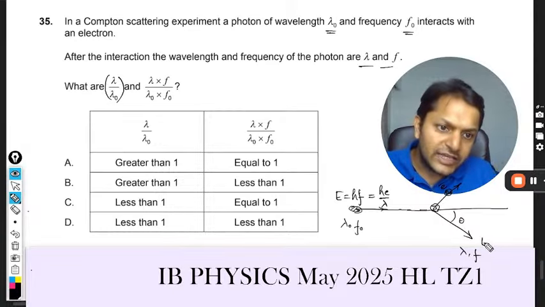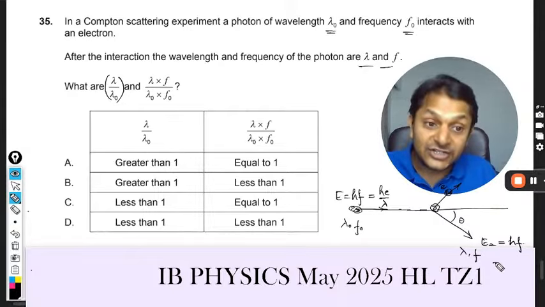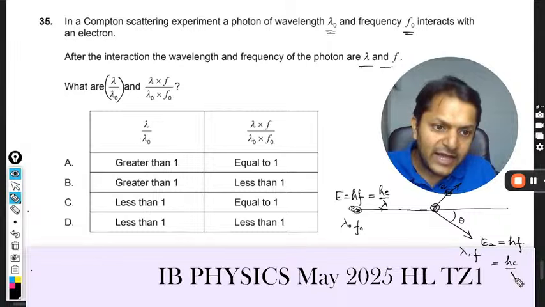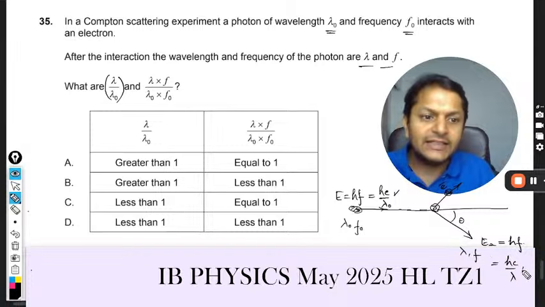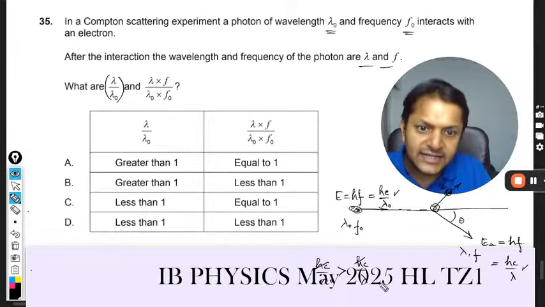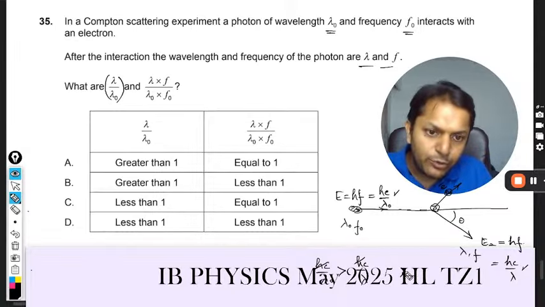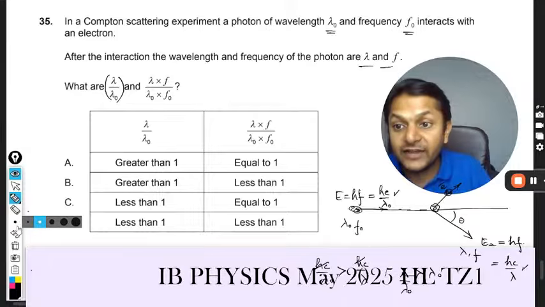So the energy of this photon, hf2 or hf, is lesser. So hc by lambda, and this is hc by lambda naught. This is more and this is less. It means hc by lambda naught is bigger than hc by lambda. hc and hc get cancelled out. Cross multiply both sides: lambda is greater than lambda naught. So lambda divided by lambda naught will be greater than 1.